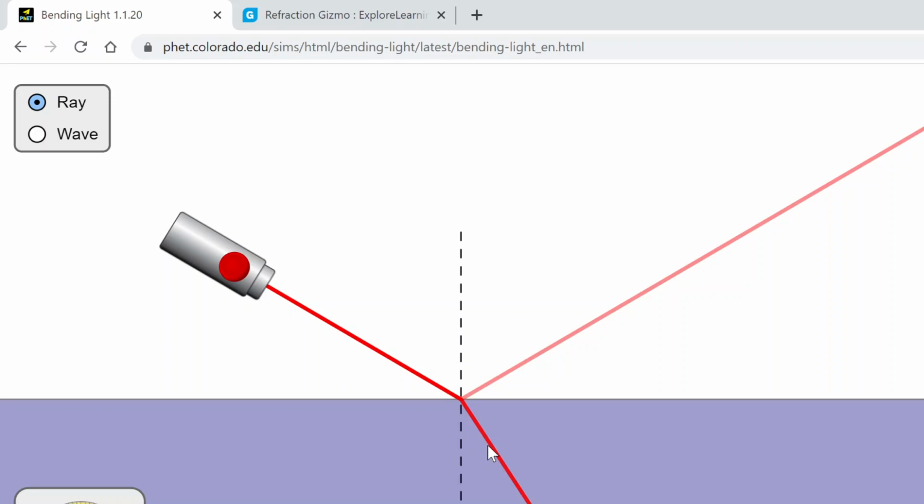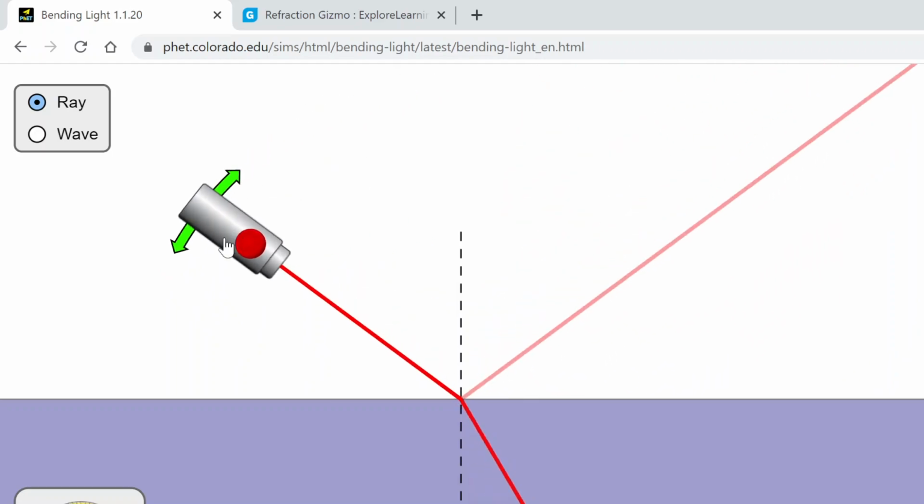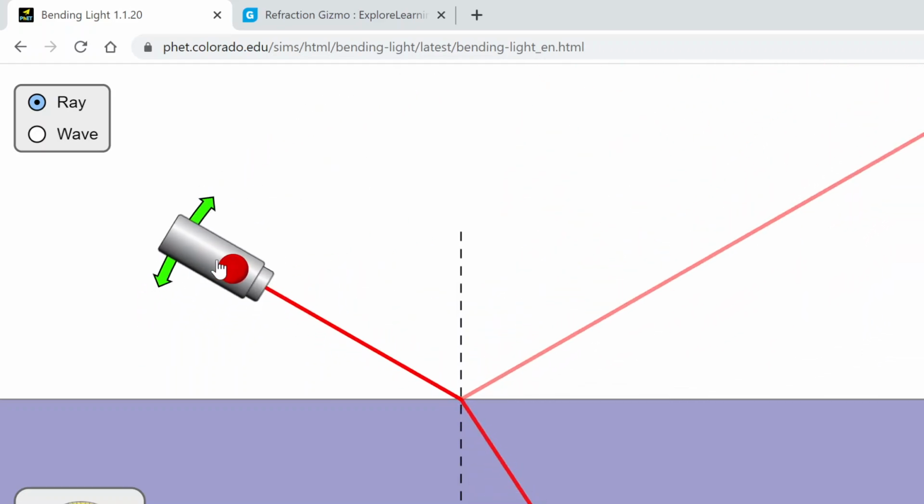It bends. And then it also partially reflects. So here you can see it either reflects or refracts. Okay, and that, my friends, is refraction. Light bending, changing directions as it goes from air into glass.